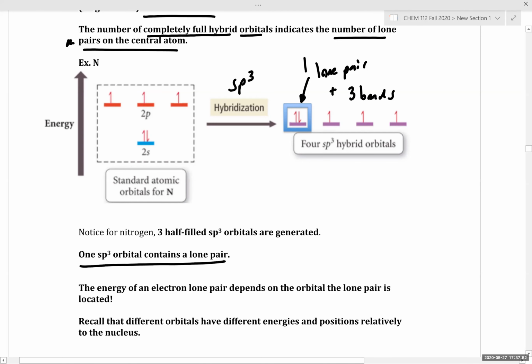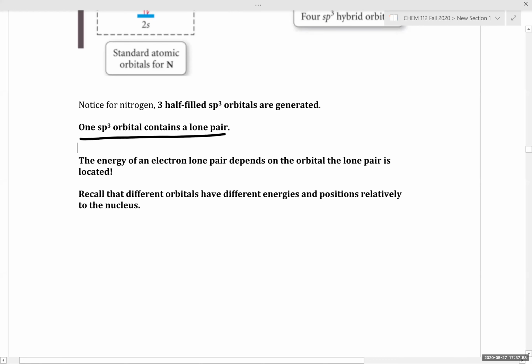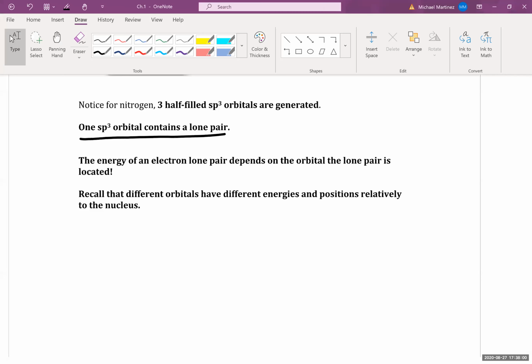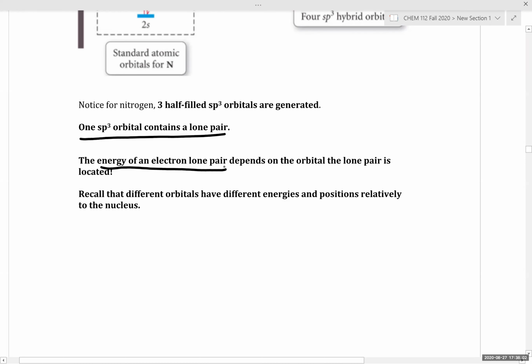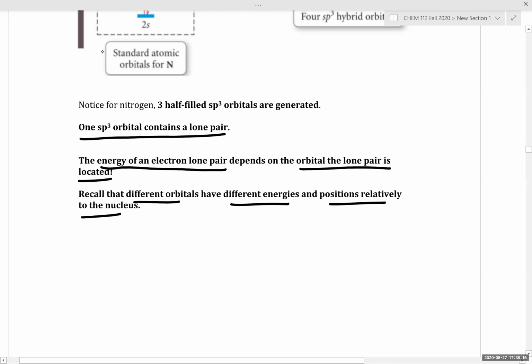Now, this is important. The reason why I'm talking about this at all is that the energy of an electron lone pair depends on the orbital in which that lone pair is located. Remember, different orbitals have different energies and positions relative to the nucleus. What do I mean by that?